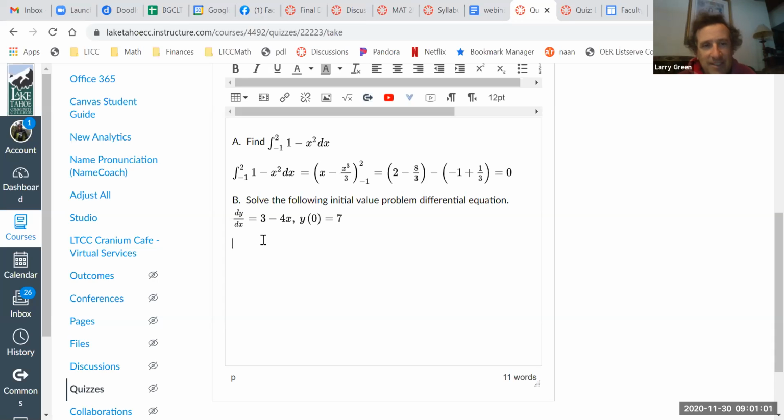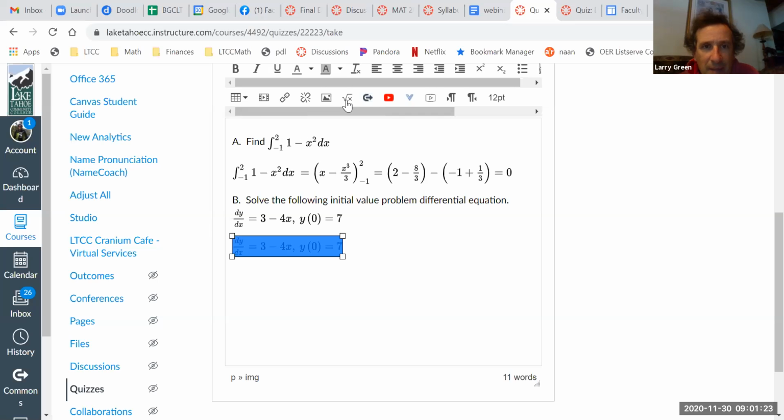Obviously, the function's different. The first piece of it is saying we know the derivative of a function is 3 minus 4x. So what we want to do is find the antiderivative of 3 minus 4x. Any questions on that idea?